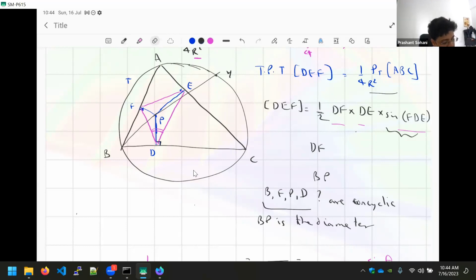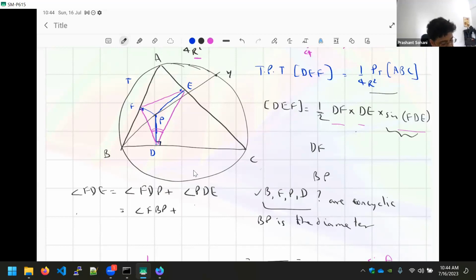We start with angle FDE. We can break it into 2 pieces, right? So I can say angle FDE is angle FDP plus angle PDE. And then individually I can manipulate these 2 parts. So angle FDP will be equal to angle FBP. And PDE, again, the fact that PECD are cyclic.